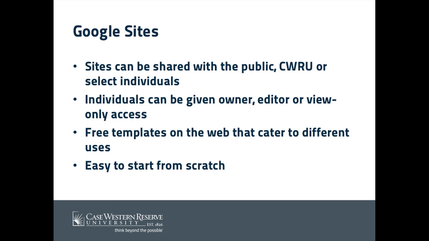Sites is really nice because you can use it for a variety of applications. It can be shared with the public, it can be shared just within the CWRU domain, or it can be shared with select individuals. And amongst those individuals, you can give them ownership rights to the site, which means they can make a whole host of changes. You can give them editor-only rights to the site or view-only access.